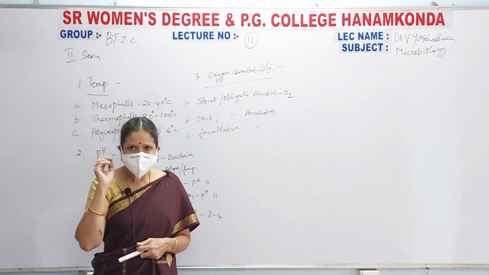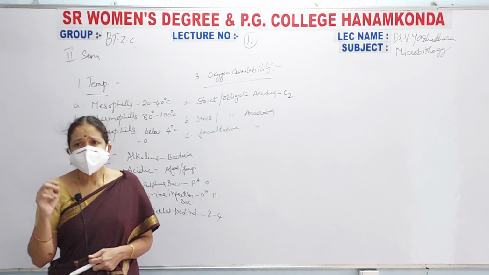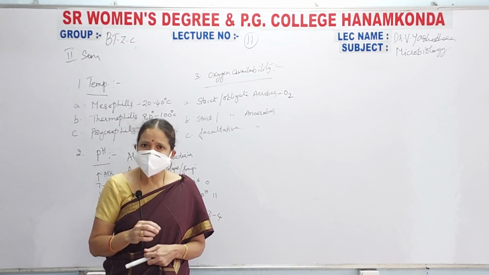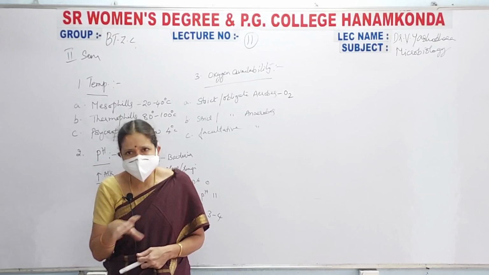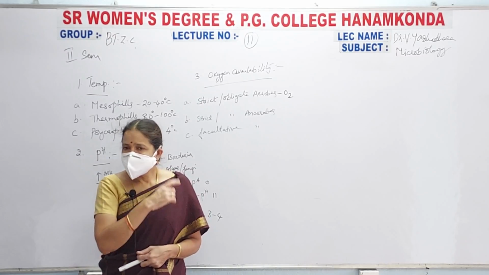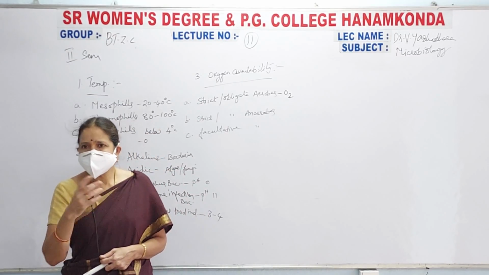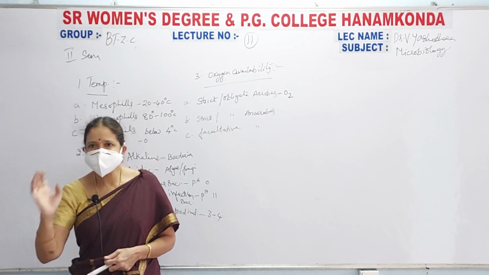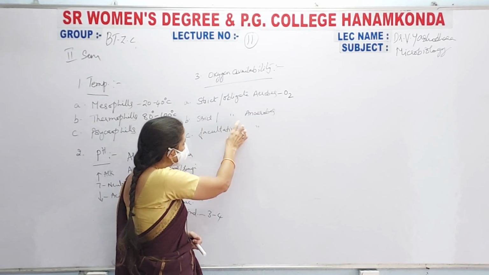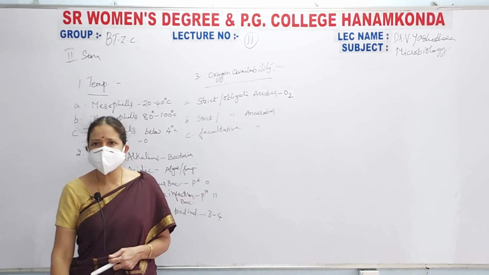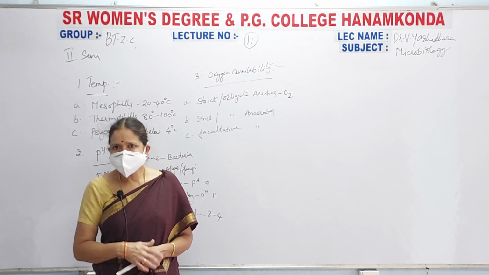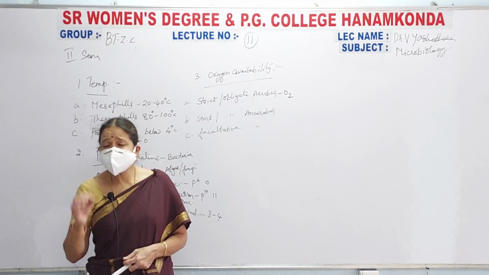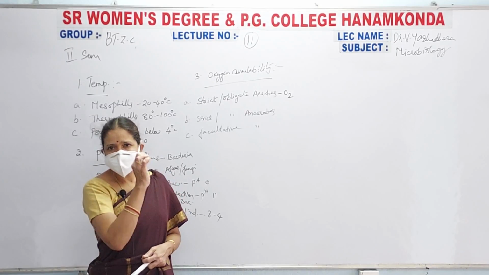Wherever you get the word obligate, it is a scientific word meaning very strict, and along with aerobes it means they can grow only in the presence of oxygen. Coming to strict or obligate anaerobes, these are the organisms which can grow only in the absence of oxygen.